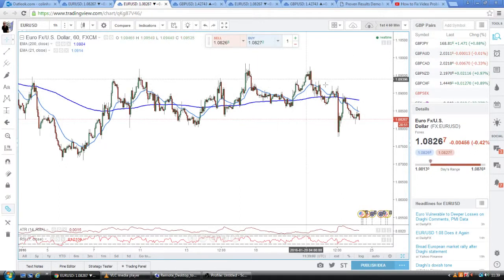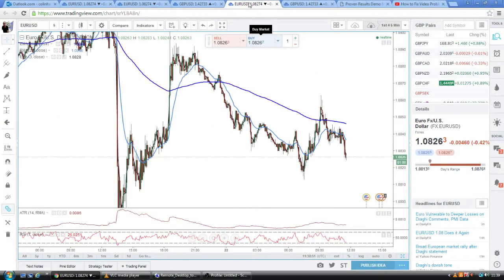But primarily, there wouldn't be a lot to get excited about here. There's no real obvious break up or down, apart from this move here, which could have turned into something, and still could. But if we go to the 5-minute, we can see it in more detail.